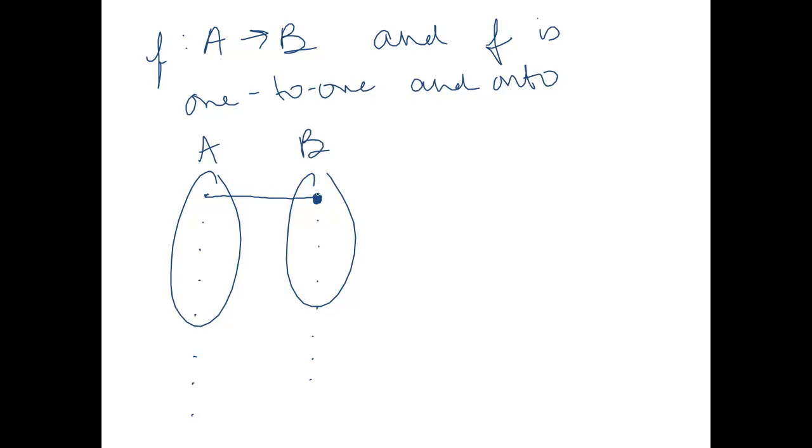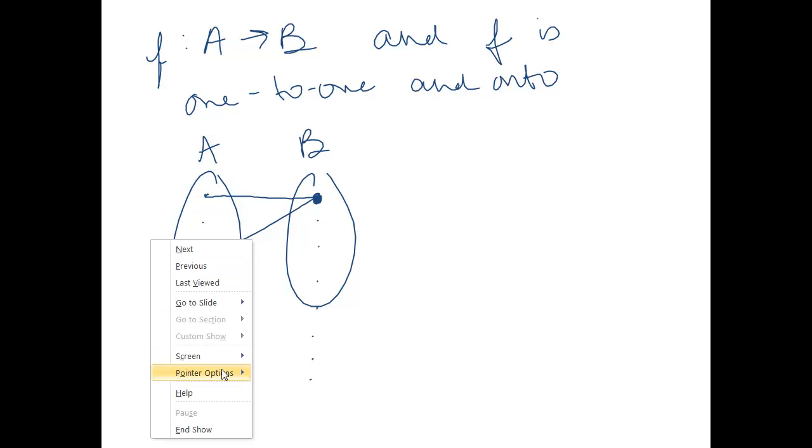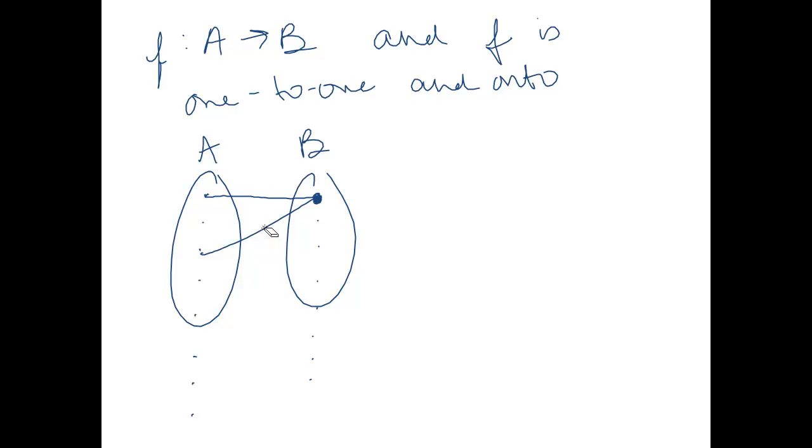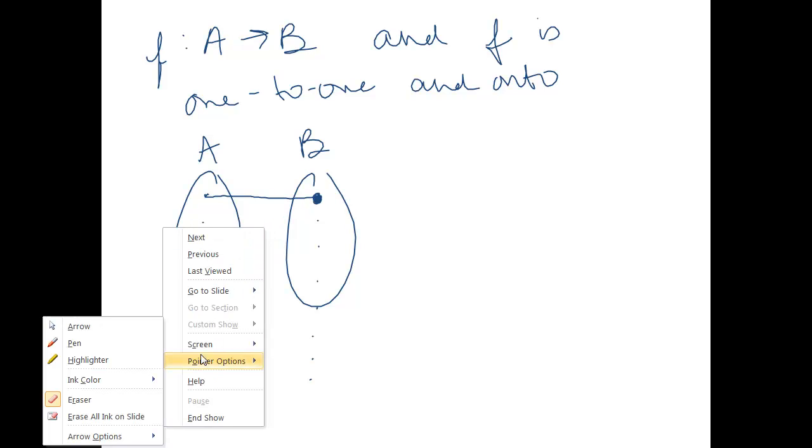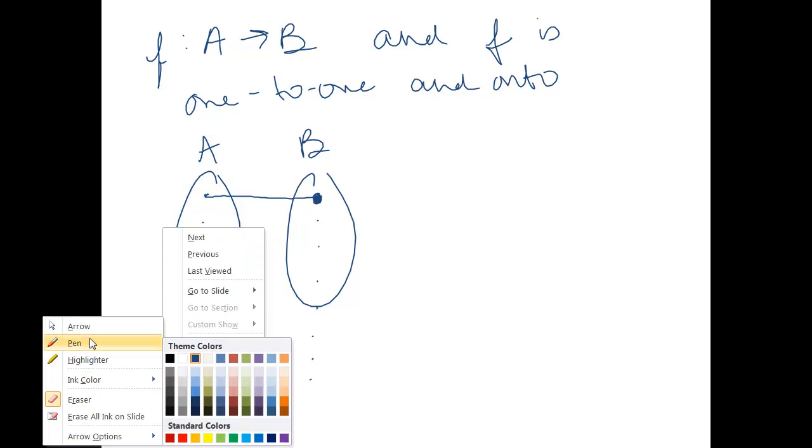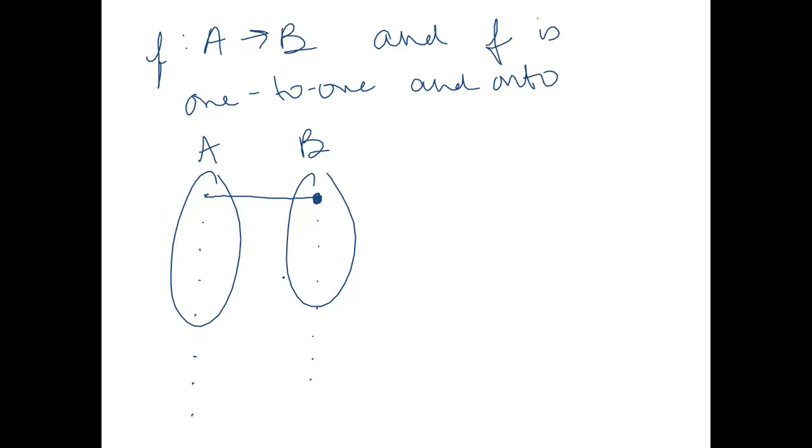We never have this case, because it's one-to-one. And being onto meant that for every b, there is an a such that f of a is b.